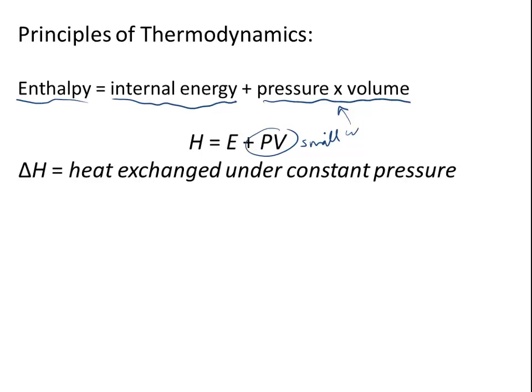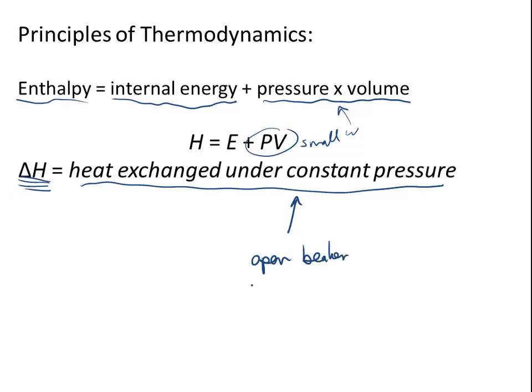The reason that this is actually useful is that enthalpy change, the change in this energy measure of chemical entities, is the heat exchanged under constant pressure. And the reason that's important is constant pressure means an open beaker. No high pressure situations.